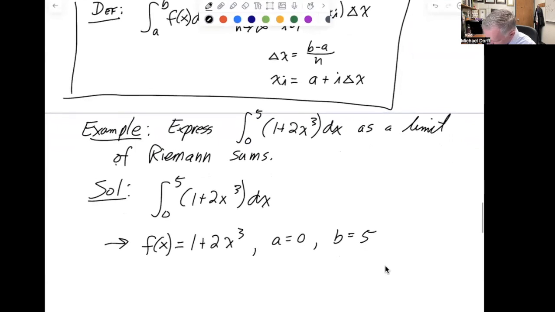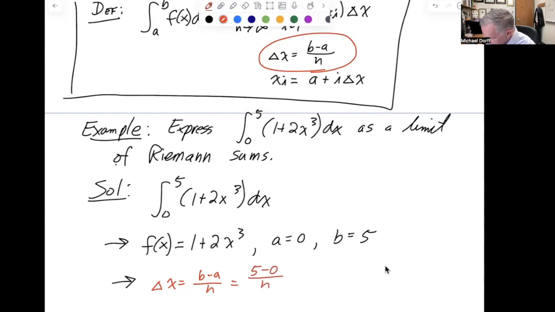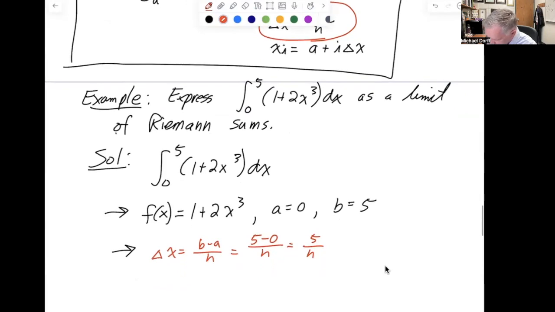So then I use the fact that delta x equals b minus a over n. And so I'm going to get 5 minus 0 over n, or 5 over n, is delta x. x sub i equals a plus i delta x.